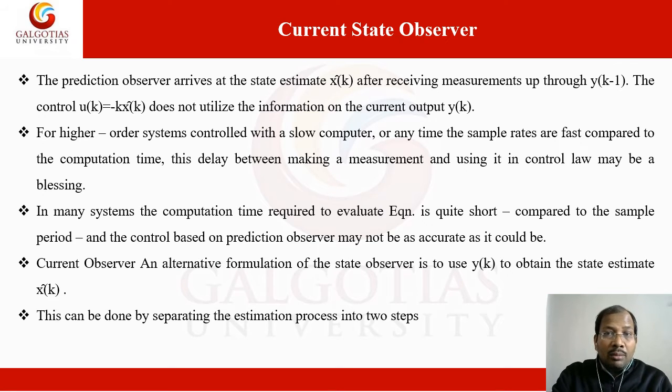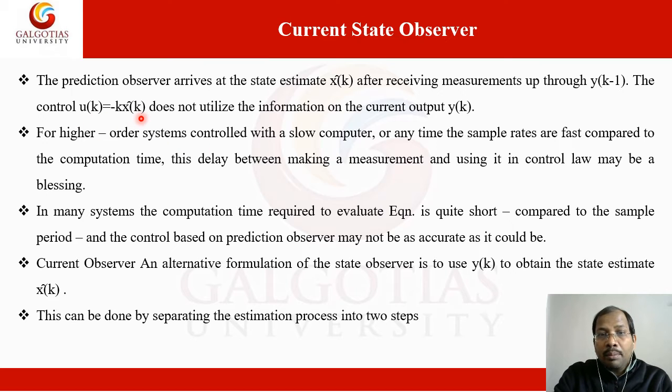In the prediction observer, we are estimating the next state variables value using the current measurement. So the prediction observer arrives at the state estimation x cap k after receiving measurements up to y k minus 1. Then after that we can design the controller, that is u equals minus K x.